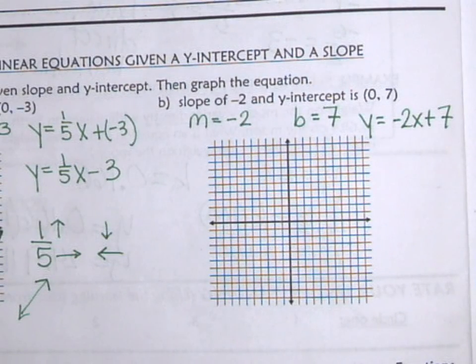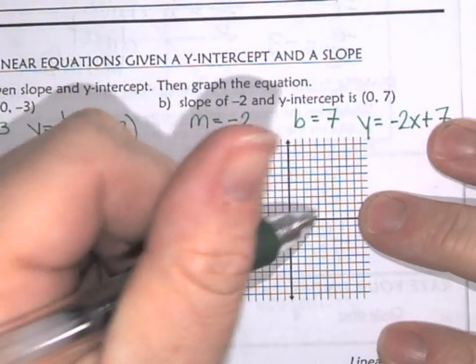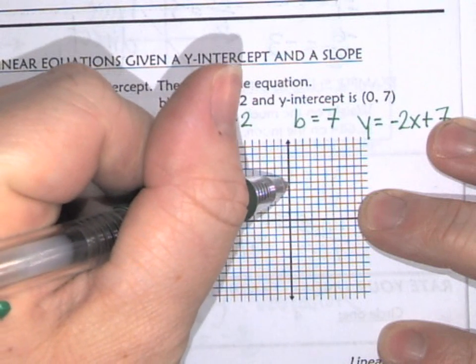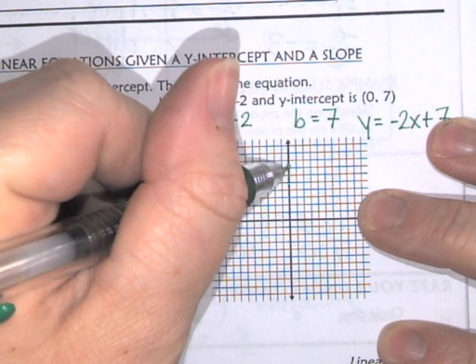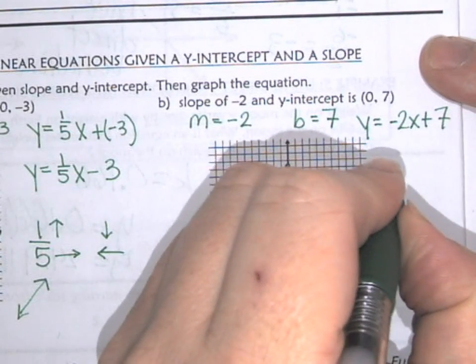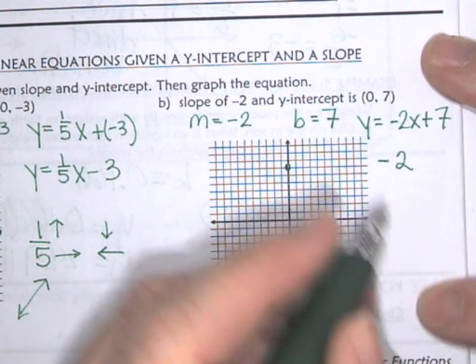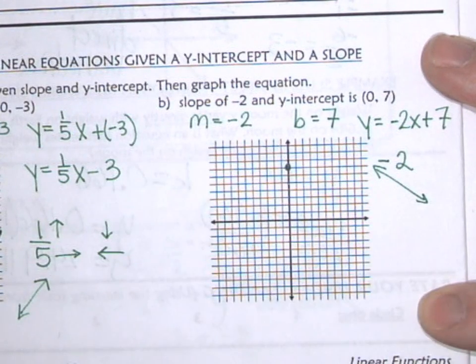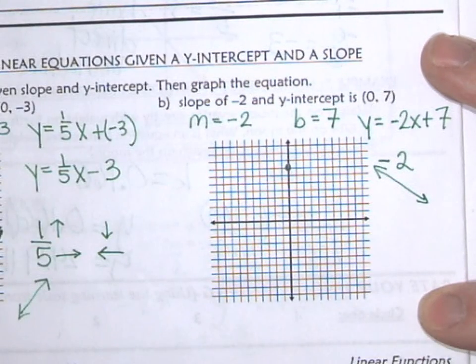I start by plotting my y-intercept at 0, 7. 1, 2, 3, 4, 5, 6, 7. Now, my slope is -2. So that means my graph should have a picture going from the top to the bottom.